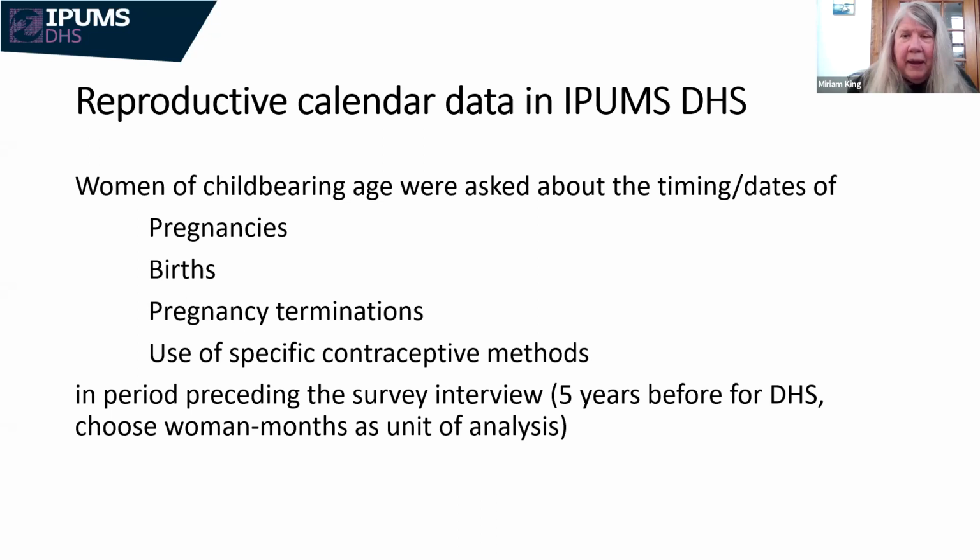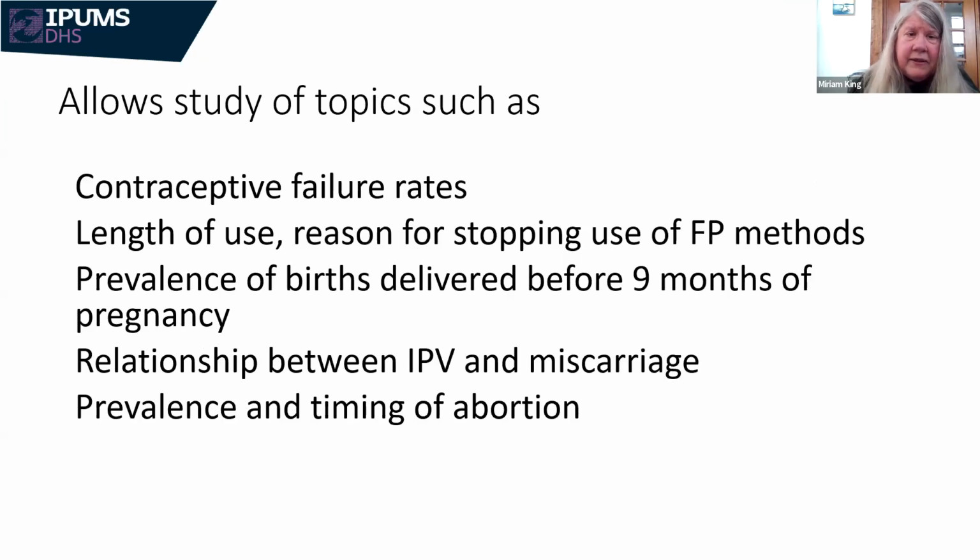So we've tried to make it much easier, making the data consistent, with variables for the reproductive calendar to study topics like contraceptive failure rates, length of use, reasons for stopping a contraceptive method, premature births, relationship between intimate partner violence and miscarriage, prevalence and timing of abortion, and so on. Having made the data easier to use, we're hoping these will be more widely used in future.